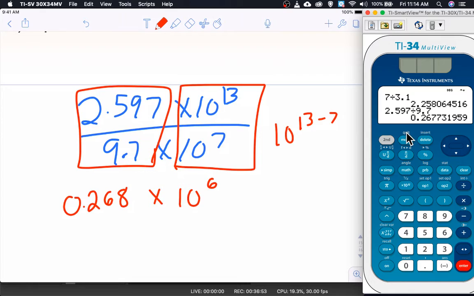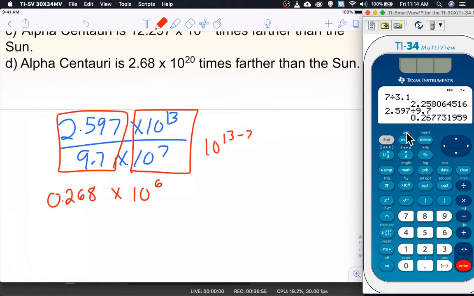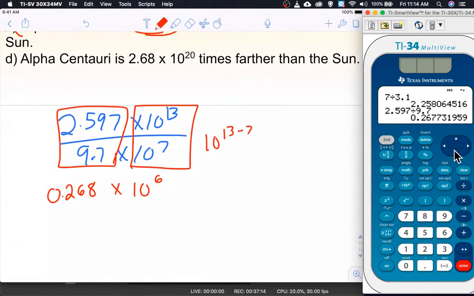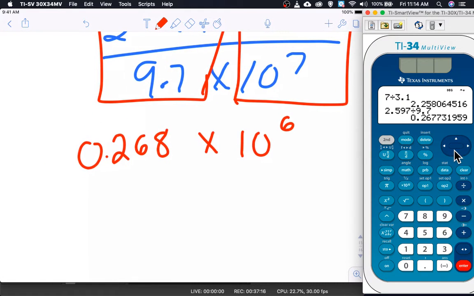Oh, I forgot to look at my choices to even eliminate choices. Let's see if there's any we can eliminate. If we're trying to express our answer in scientific notation, are any of these not scientific notation to start with? Letter C. That decimal's too big, so it's not letter C. All right, let's see what we got. I need to make this scientific notation.